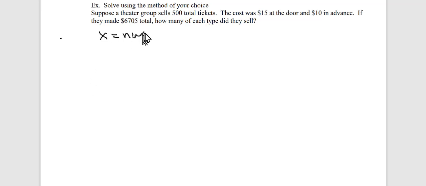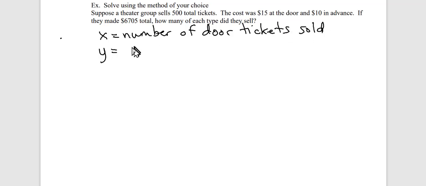So I'm going to let X be the number of door tickets sold. And I'm going to let Y be the number of advanced tickets sold. Being very clear about what my variables are here.